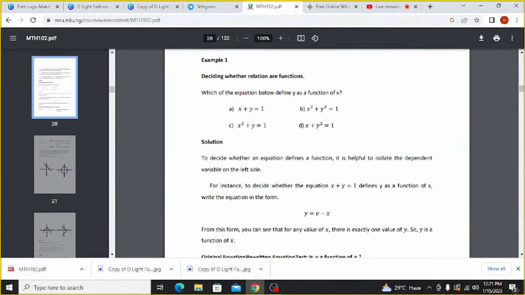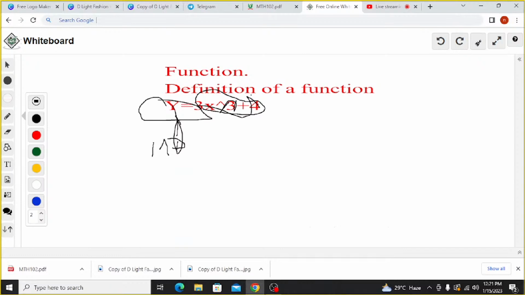Now, which of the following equations below define y as a function? Let us use this one as an example. We have x plus y equal to 1.